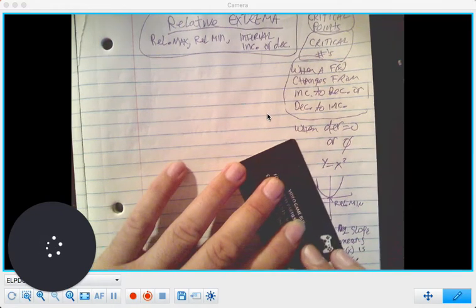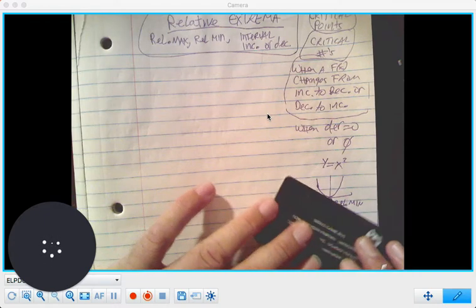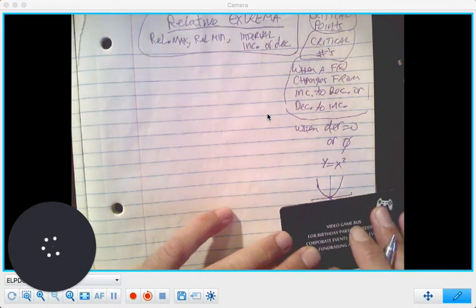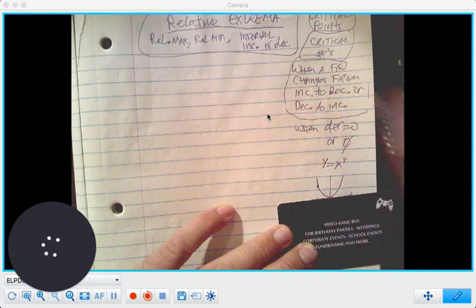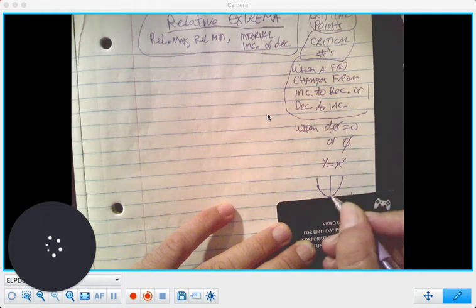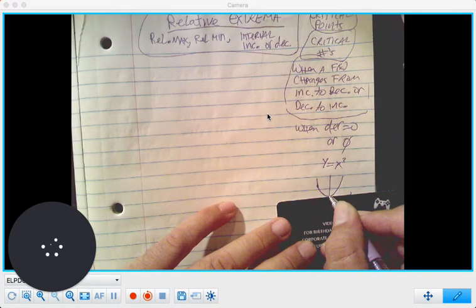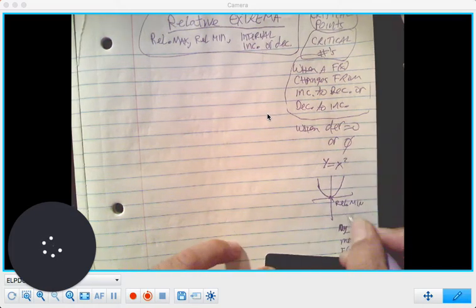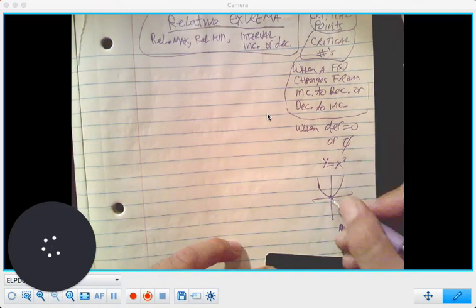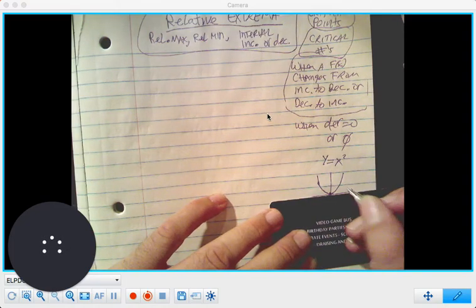So this is a negative slope, negative slope, negative slope, and then the slope is 0. That's what we mean when the derivative is 0. Here the slope is 0, so this here is a critical number. The number is x equals 0, and we're always talking about x; we don't really care about the y.